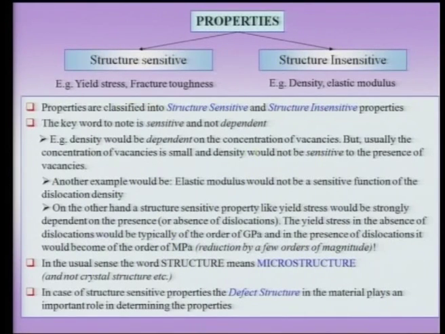And to emphasize the importance of defects in a material, we had seen that, for instance, suppose I am talking about yield stress in a material. In the absence of dislocations, the yield stress could be of the order of gigapascals, but when you have dislocations in the material, the yield stress could reduce and it could be of the order of megapascals. So, therefore, there could be a large change in the properties.